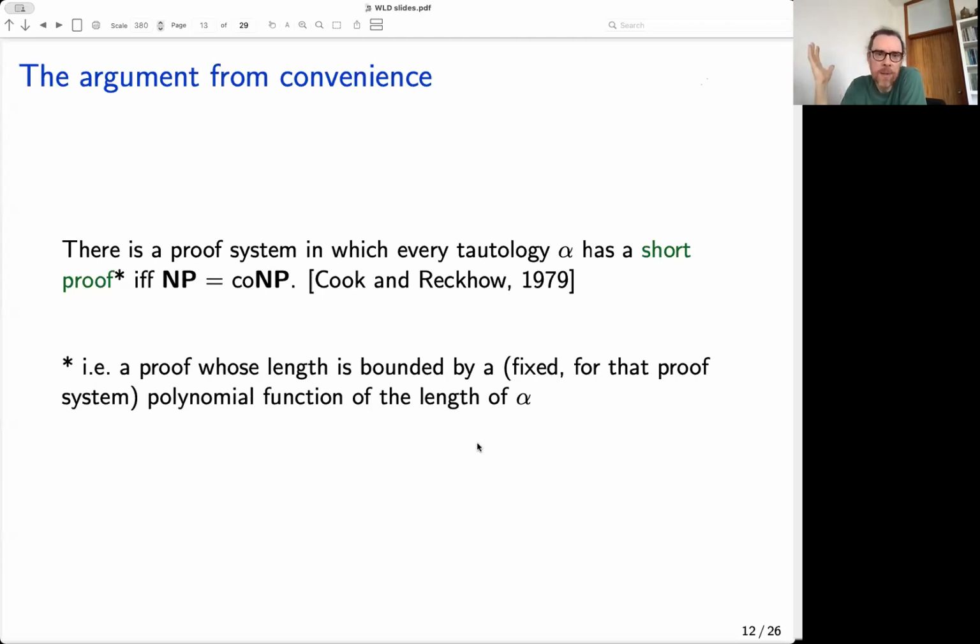But then it just isn't a proposal to add something to the very idea of a formal proof. So that's the first argument. It's harmless but irrelevant to my concern. But actually, it's not the way people actually talk in the proof complexity literature, and that brings us to the second argument.